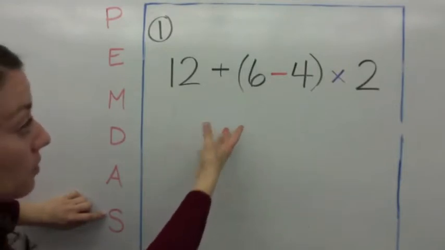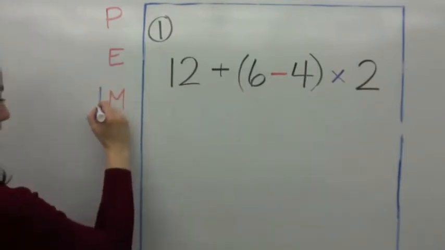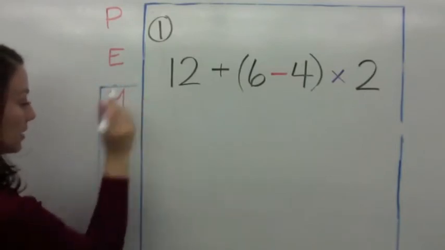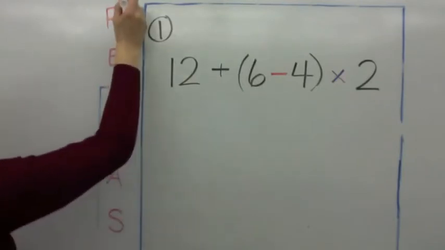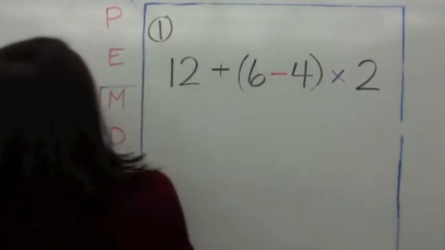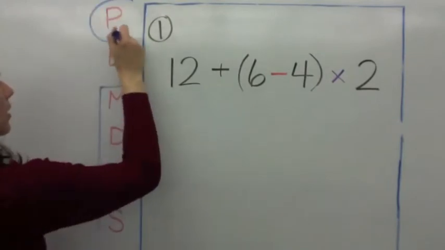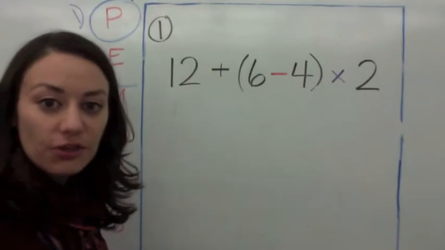Take a look at these letters right here, M-D-A-S. But first we need to ask ourselves, are there parentheses? Yes, you do see parentheses, and that's what you're going to do first.